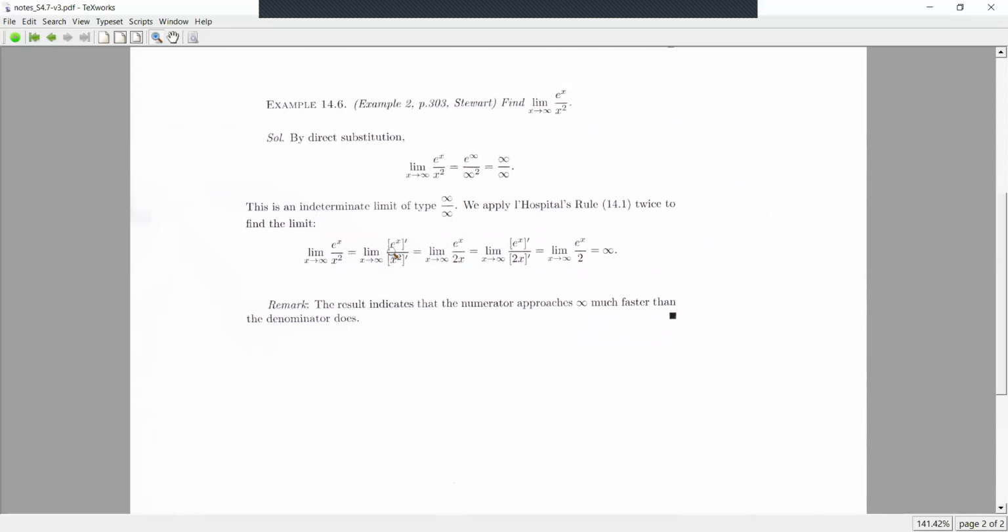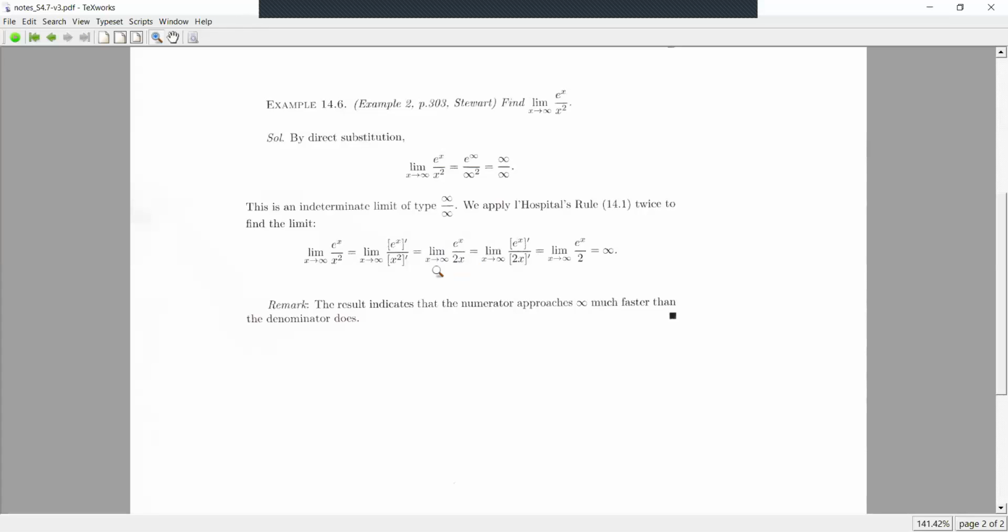Take the derivative of the numerator and of the denominator. Then we get e^x, whose derivative is e^x, and x squared, whose derivative is 2x. Then how to tell this limit? Plug in infinity for x, then we get infinity over infinity again.